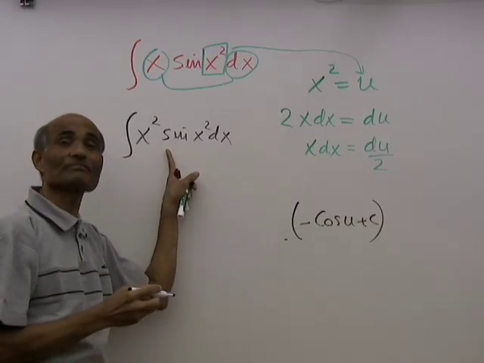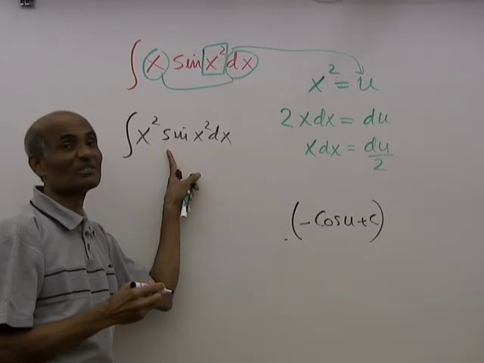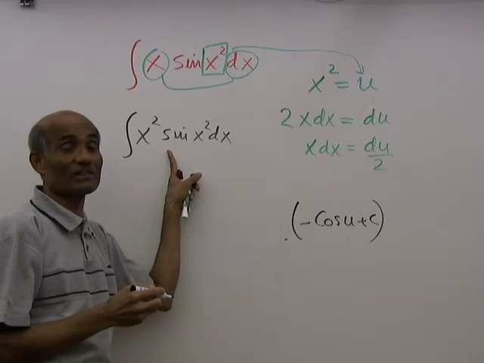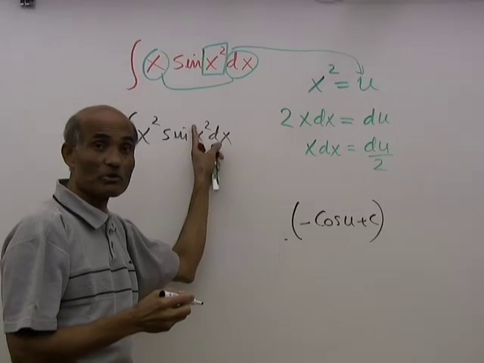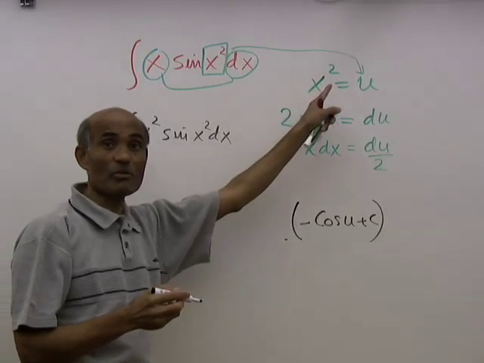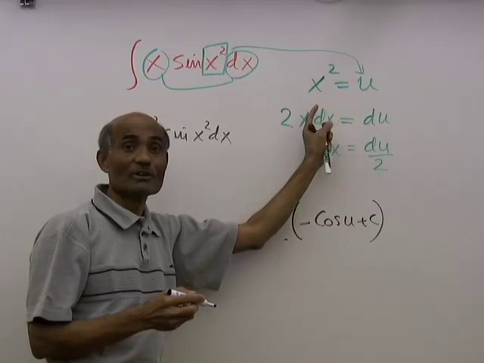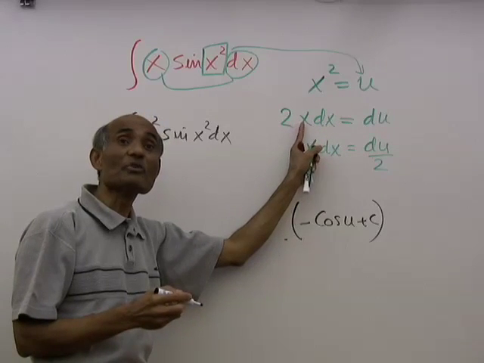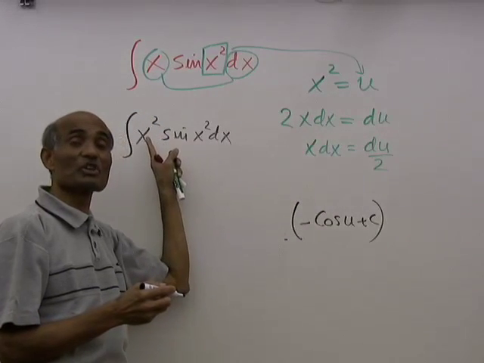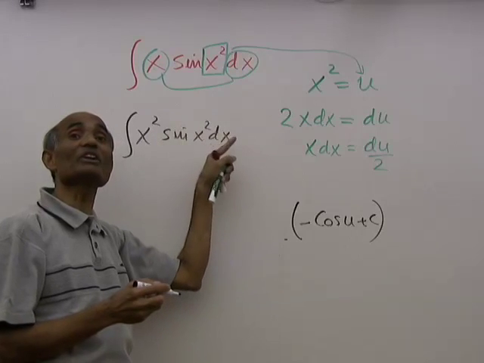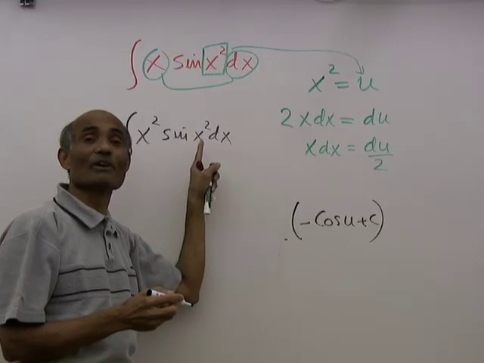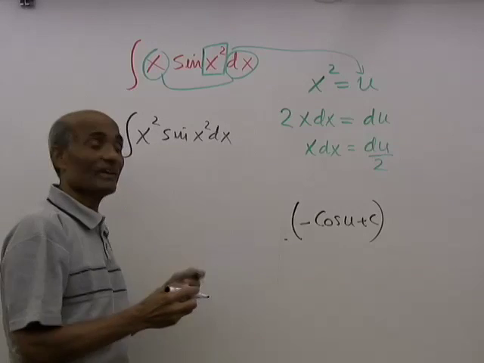Can you do this? Well, no. Why not? Because by doing a substitution x squared equal to u, the differential only gives you x dx. The differential does not yield x squared dx. Therefore, you cannot do this.